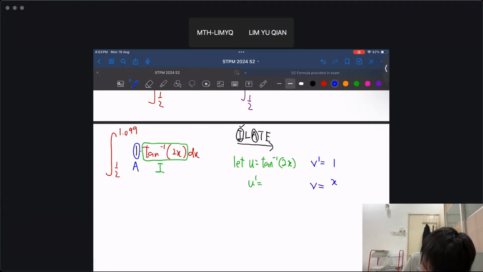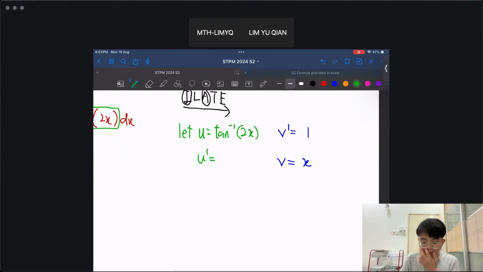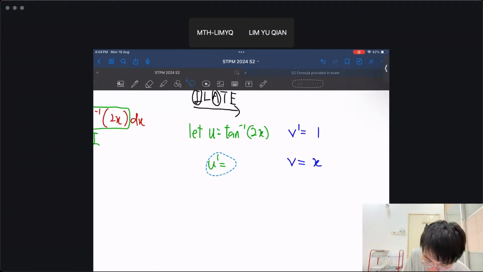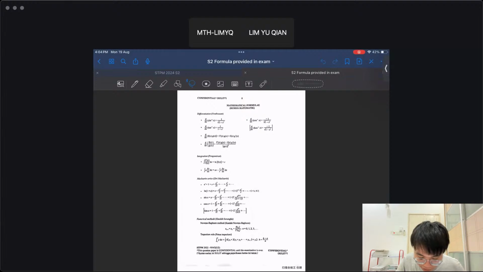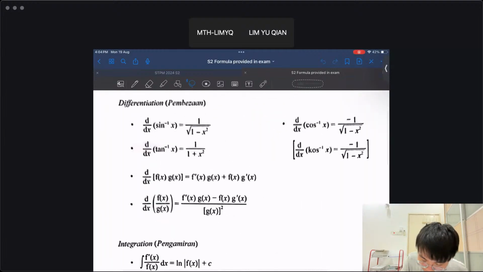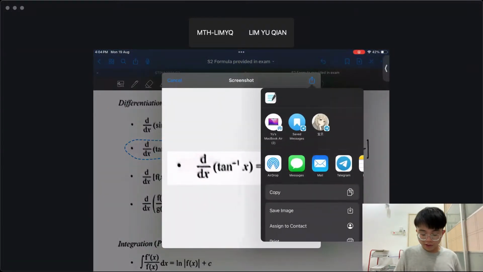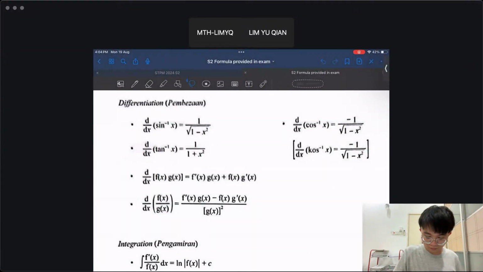So v is very easy, only just x. But for this one, it is the differentiation of arctangent. There is a formula for this, correct? Or some of you will just remember the formula. I think most of you are able to differentiate this. Am I correct?